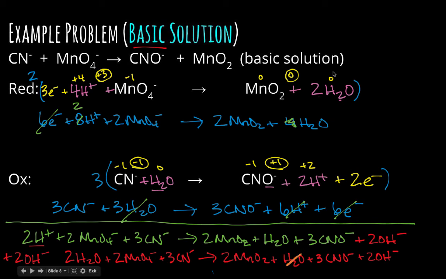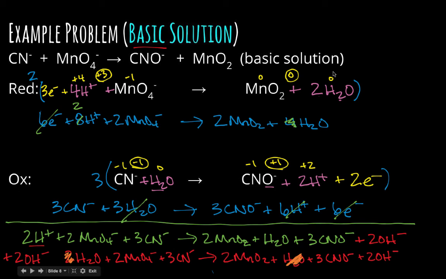So this water here is going to go away, and that's going to change this one over here to just 1. So then that would be your final balanced equation. H2O, 2 MnO4 minus plus 3 CN minus yields 2 MnO2 plus 3 CNO minus plus 2 OH minus.